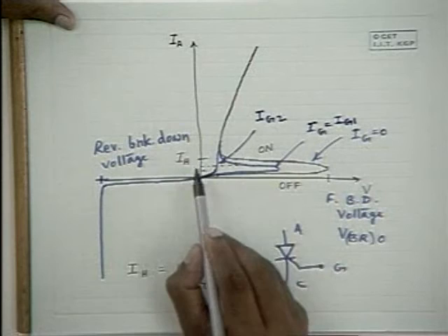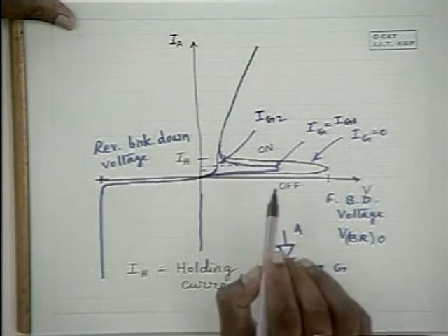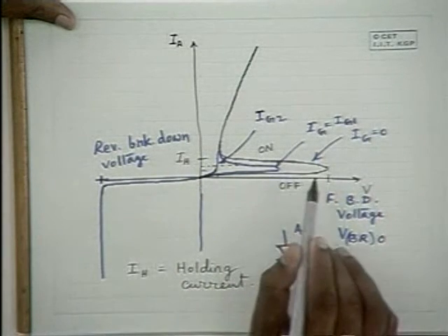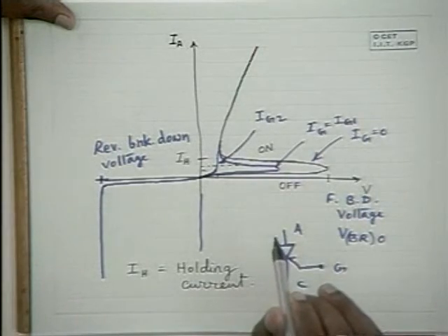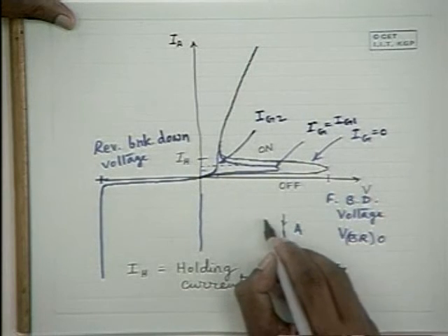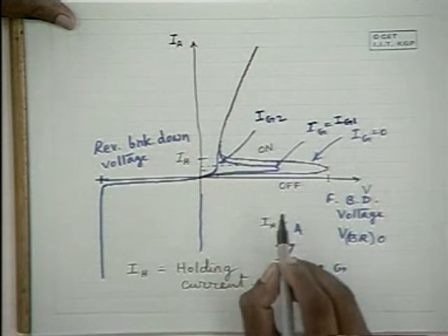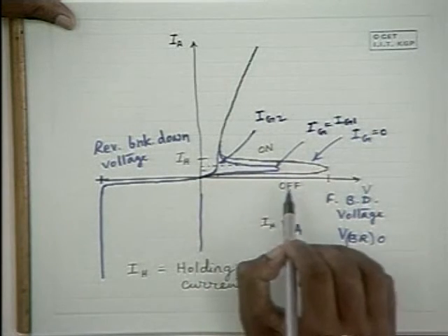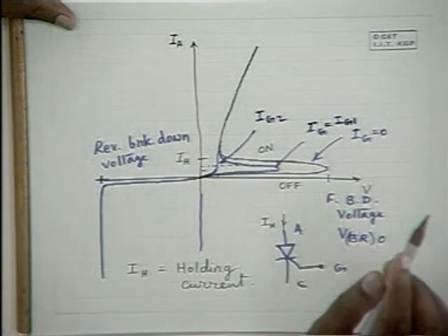Now IH is the minimum current that flows through the device when it breaks down. If the device current is brought below this IH, the device jumps from the on state back to the off state.